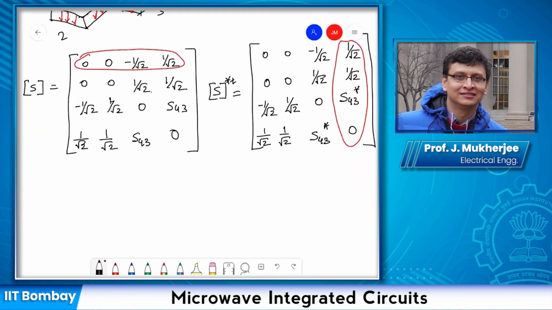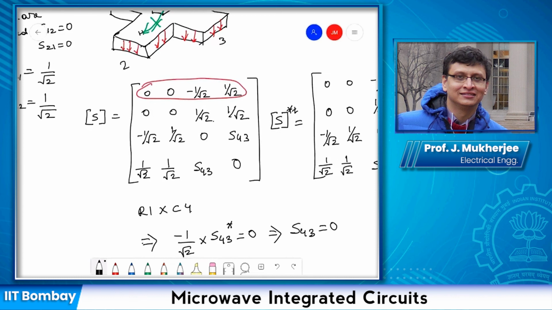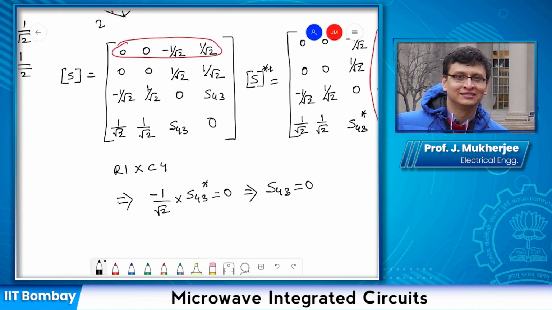So row 1 into column 4, this will imply minus 1 upon square root of 2 into S of 43 conjugate equal to 0. So from here we see that S of 43 should also be equal to 0. So this proves that for a magic T structure, the ports 3 and 4 will also be isolated. Okay?